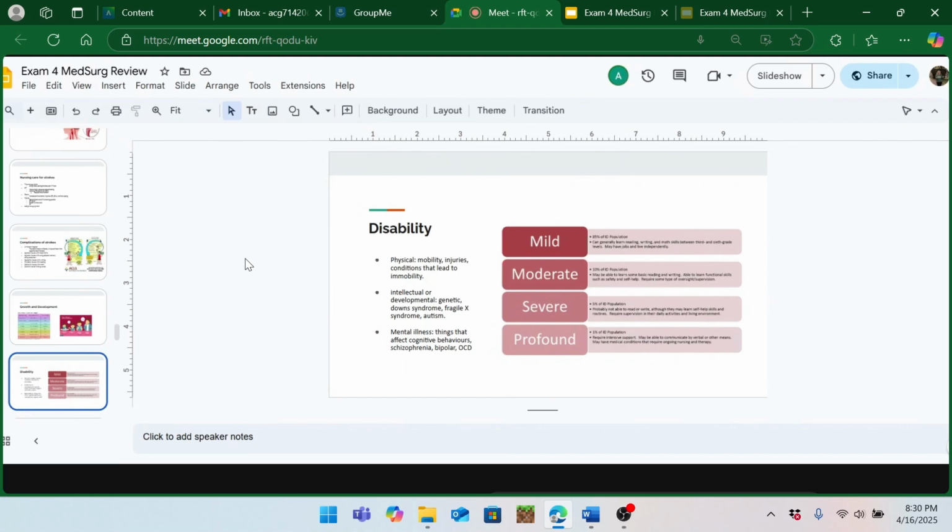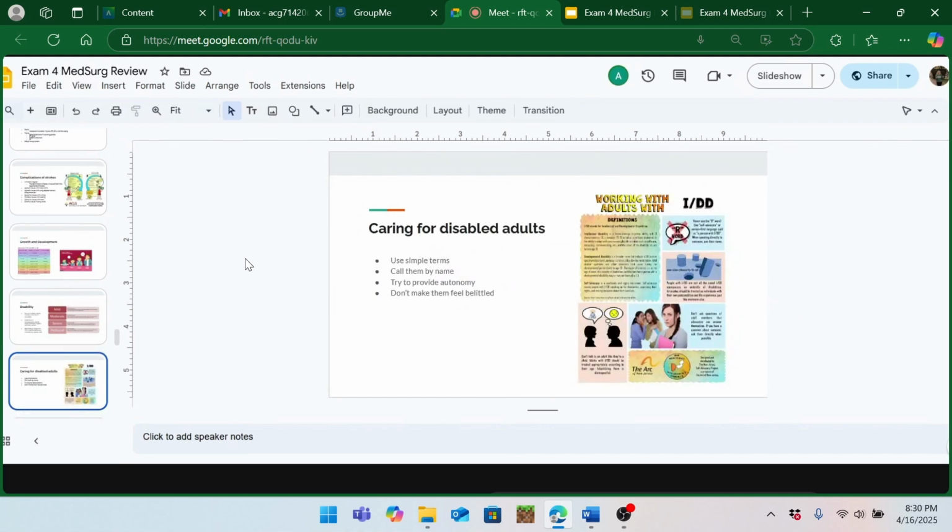And then there's mental illnesses that affect your cognitive function, schizophrenia, bipolar, OCD, really any type of mental condition. When you're caring for adults with disabilities, use simple terms, call them by their name, try to give them independence and autonomy. Don't make them feel belittled, obviously.